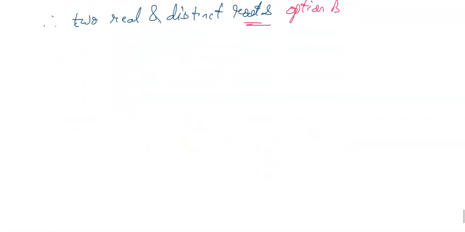Question number 16. It says the sum of the p terms of an AP is q and the sum of q terms of an AP is p, then the sum of p plus q terms. So sum of p terms is equal to q and sum of q terms is equal to p.